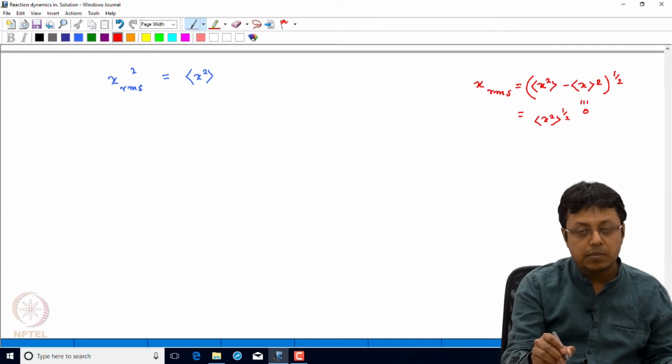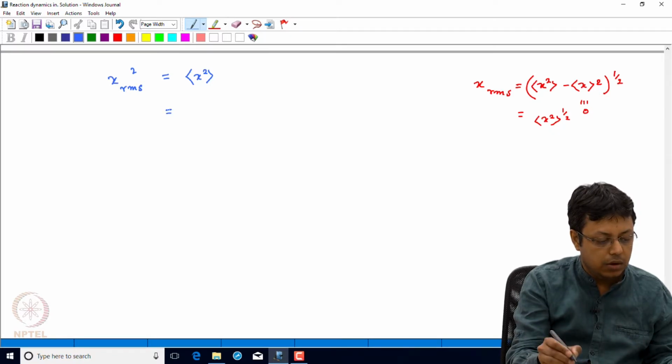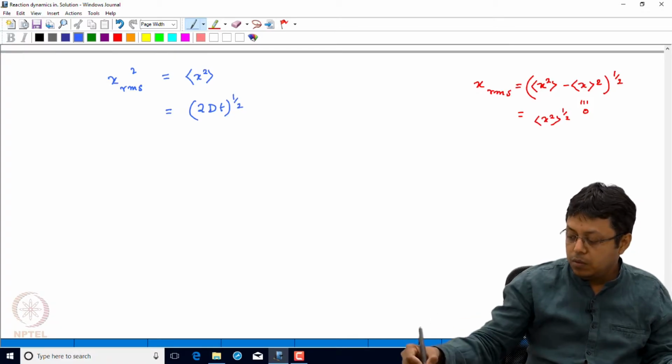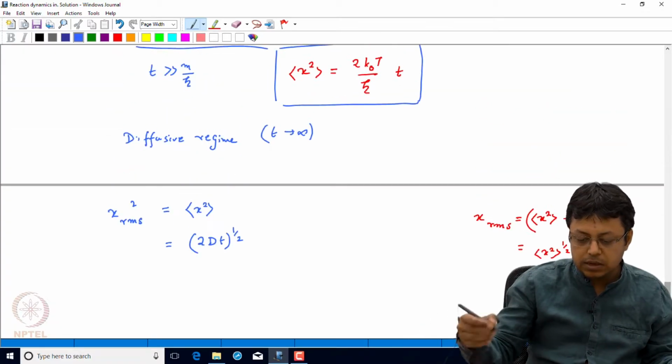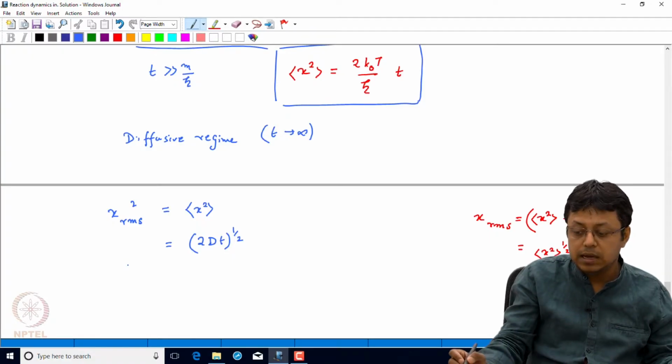So that is why I am writing it directly as x square average, and that we already know from the diffusion equation, which we already saw a little bit earlier. It goes as twice Dt to the power half. Now what we got just now in the diffusive regime, x square average is twice kBT by zeta into t.